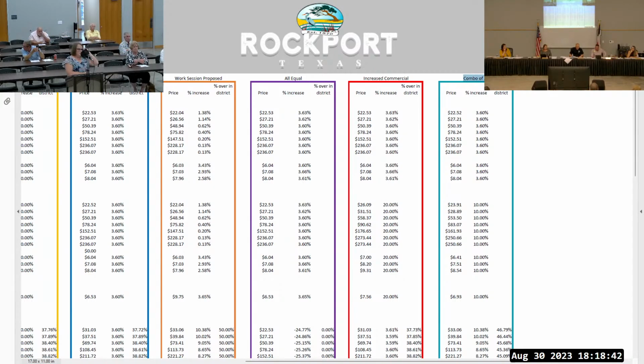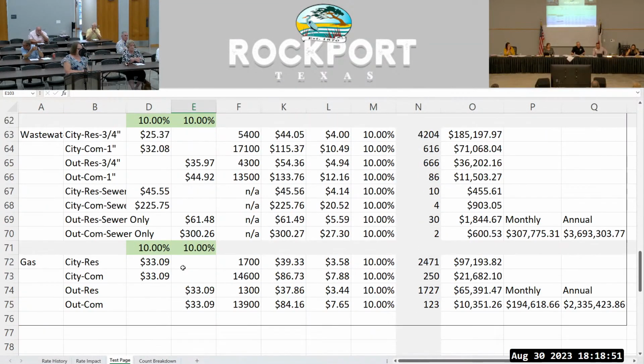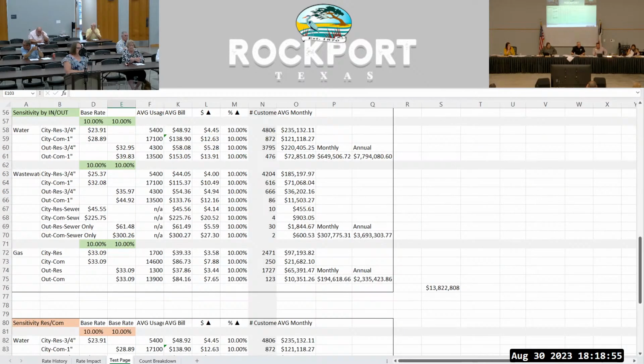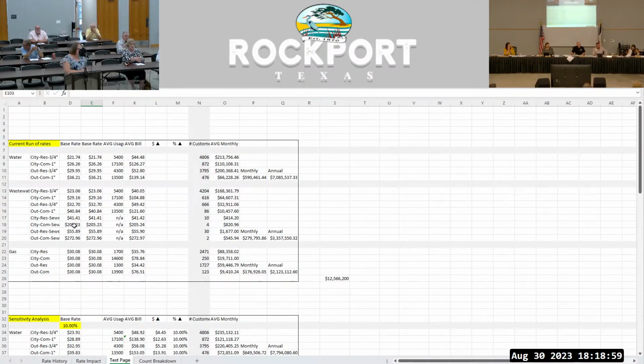We decided already that the gas service is not in these numbers anyway. If y'all are fine with it, I'm not discussing the gas service, because I think that Brad's suggestion on that the other day was fine. Right, that is reasonable, and I think it's something we need to do. So there's two other items on the agenda that we're not discussing, and those are increased rates for tap fees.